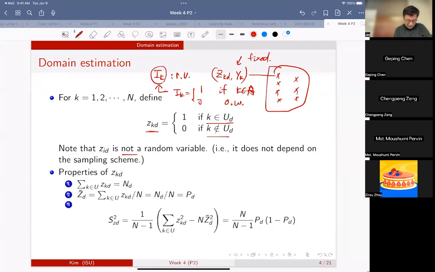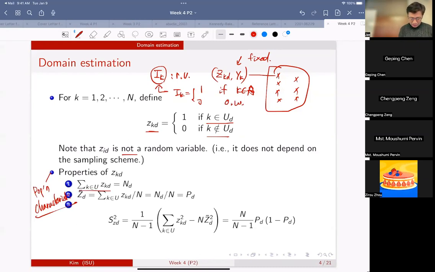So this is basically just the population. There's no randomness here. It's just the population characteristic. So we are not really discussing anything about expectation or variance. It's just algebraic notation.